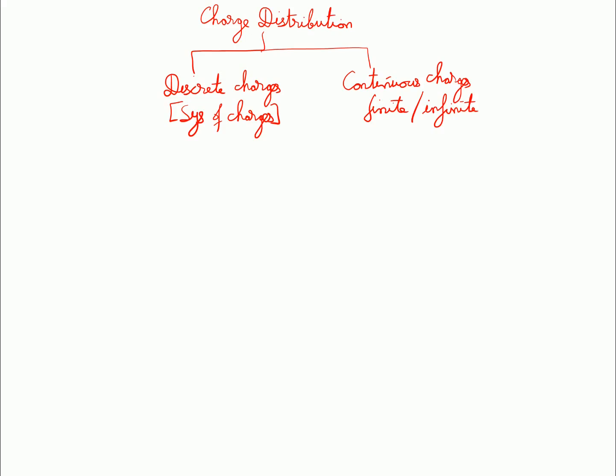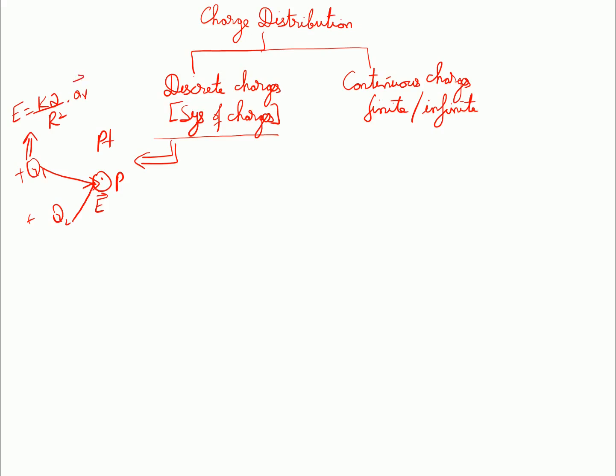Again, if we talk about the system of charges, we have previously seen the case of a point charge or multiple charges available in space. For example, if this is charge Q1, this is charge Q2, and the point of interest is over here, we can see the effect of this charge on this point P and the second charge on this, and then we can apply the law of superposition to find the total electric field at this point, where we know that the electric field intensity for a point charge is kq divided by r square with the unit vector a_r, k being the dielectric property of the material.